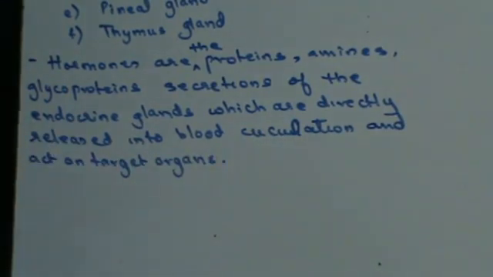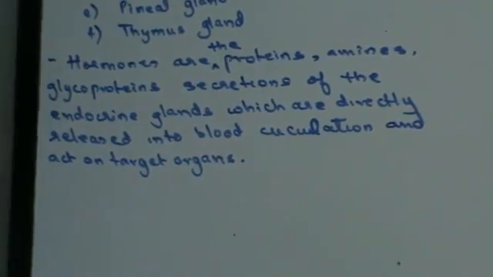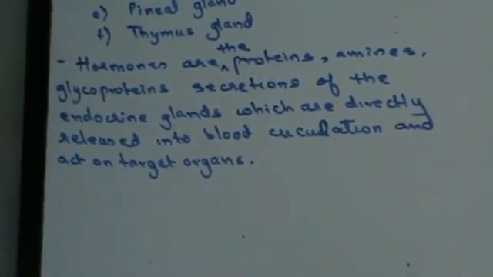So these are hormones. Hormones are the proteins, amines and glycoprotein secretions of endocrine glands which are directly released into blood circulation and act on target organs. Right?